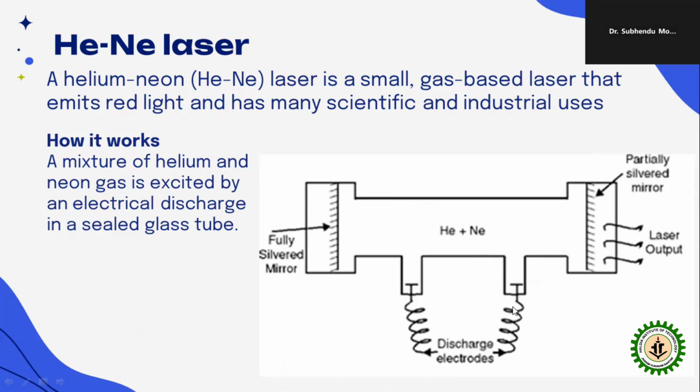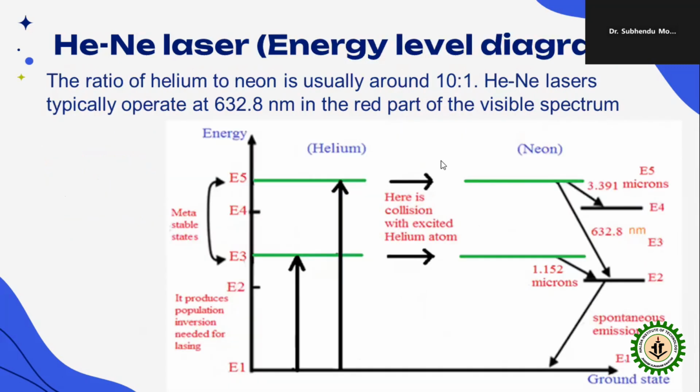And the energy level diagram for this laser: the helium and neon mixture is taken in a 10:1 ratio. Here is the physics behind taking helium and neon.